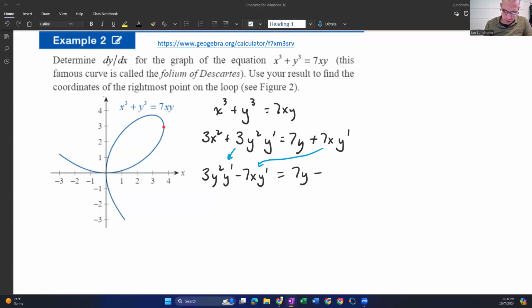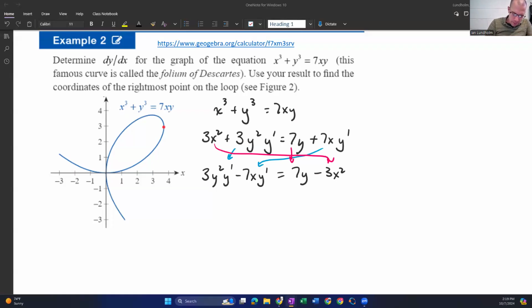And then we're going to subtract 3x squared. Whoops, that's not where that goes. That goes down here, and this one goes all the way over. So just rearranging these so that we can factor out y prime on the left-hand side.